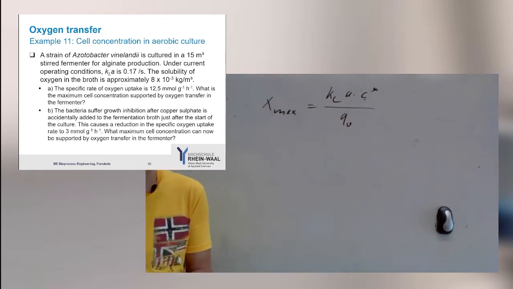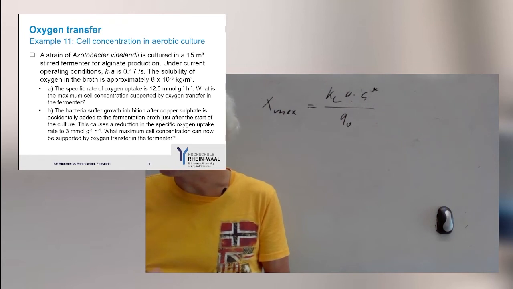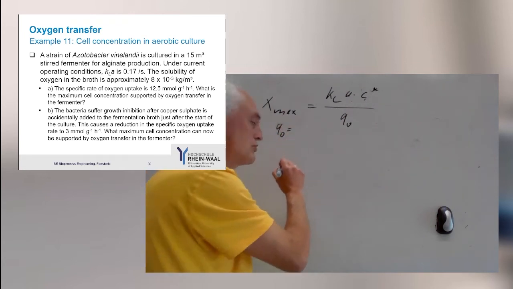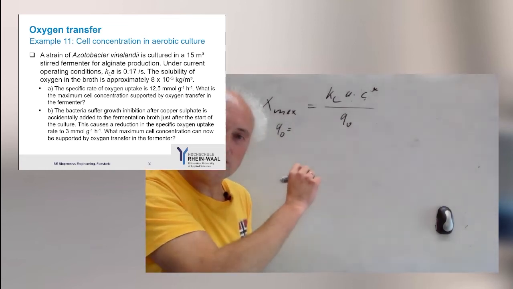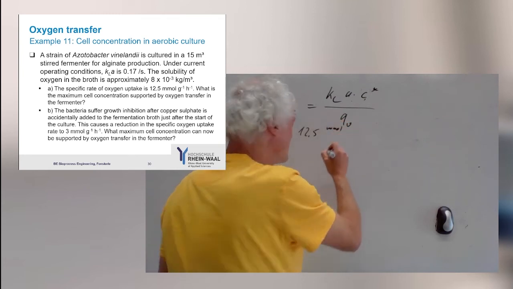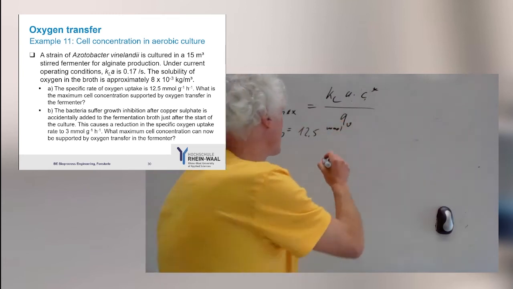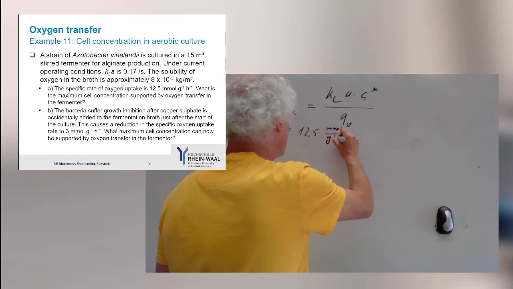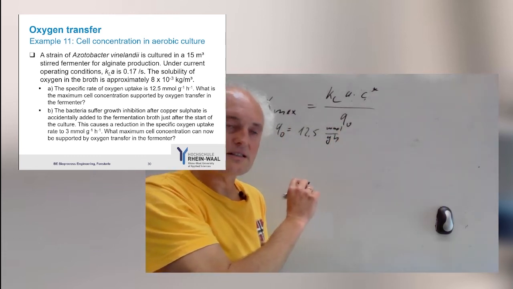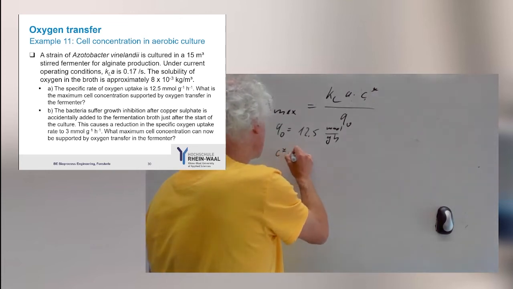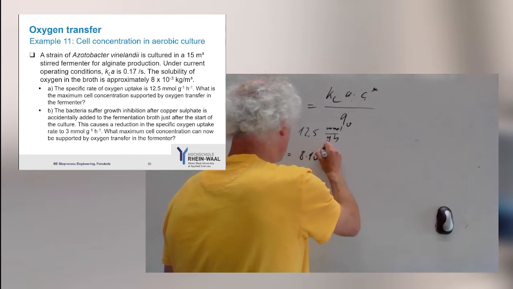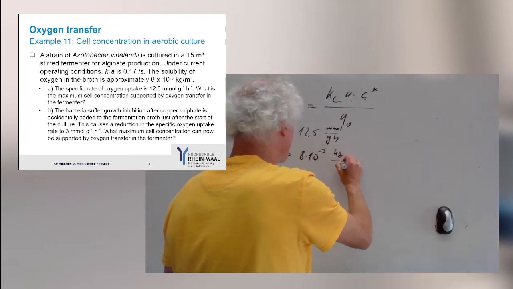So Q0 is equal to 12.5 millimole per gram per hour. And my solubility, C star, is approximately 8 times 10 to the minus 3 kilograms per meter cube.